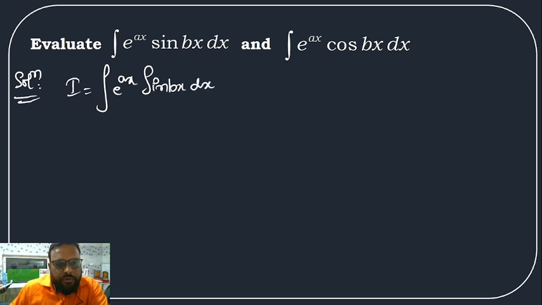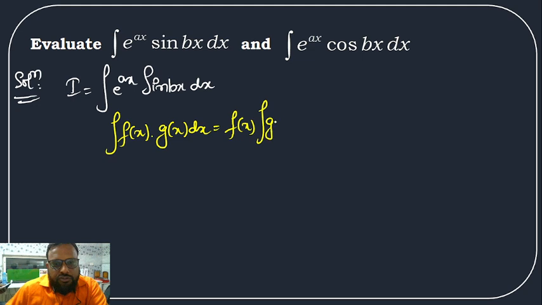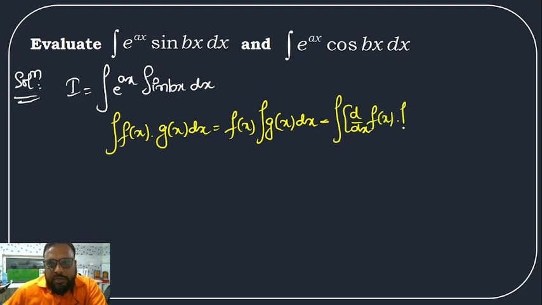Okay. We know the formula of integration of two functions f of x into g of x dx. That is f of x integration of g of x dx minus integration of derivative of f of x into integration of g of x dx whole dx.